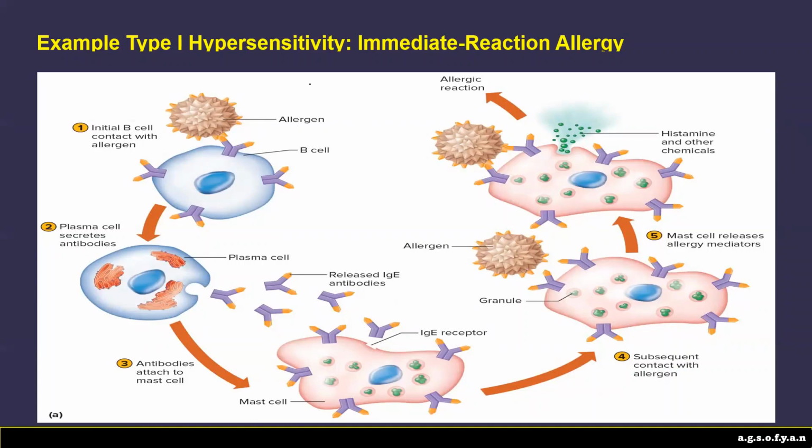So the first encounter with allergens, maybe pollen, for example, it will be attacked by a B cell. So the B cell produces the antibodies after the encounter with the pollen. And then these antibodies will attach to our mast cell. Okay, so this is the first step.